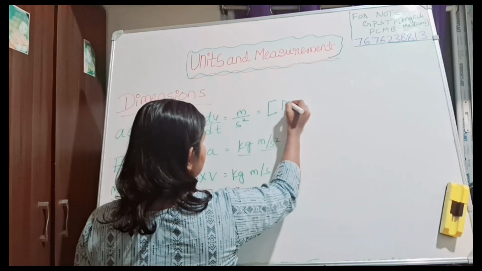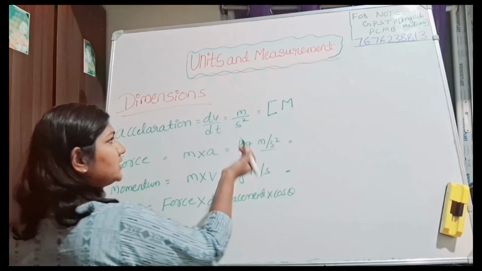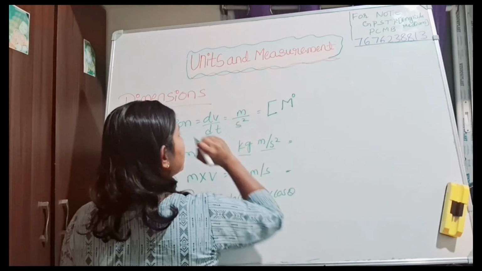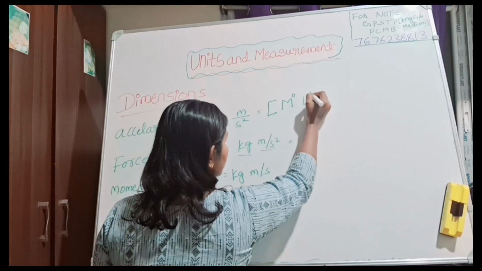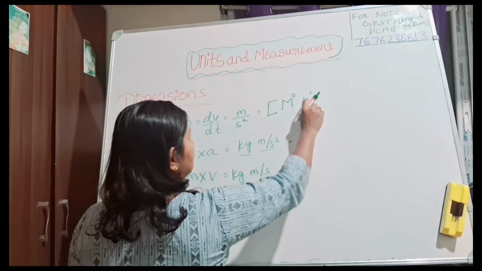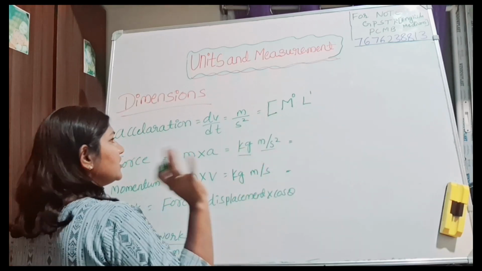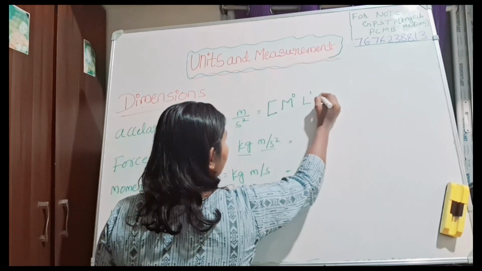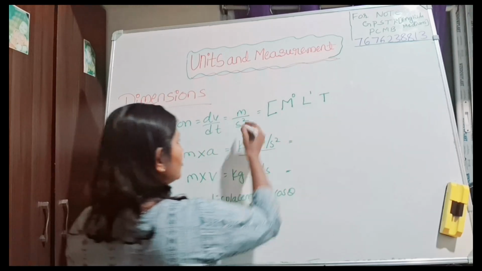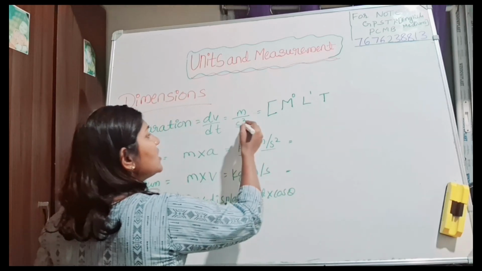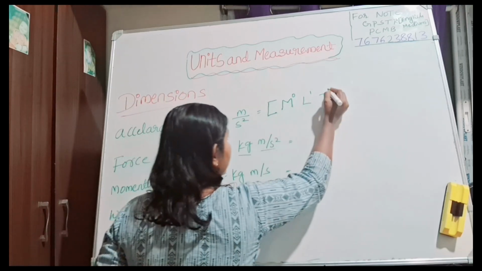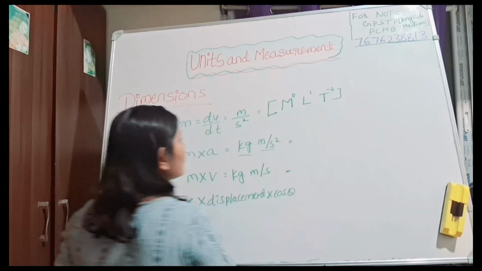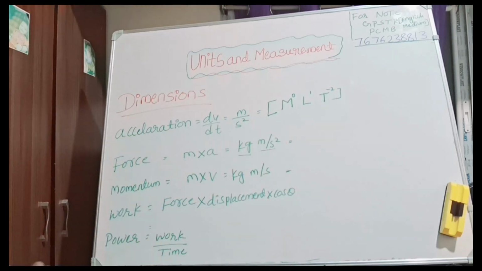There is no kg, so M raised to 0, and length is meter, so L raised to 1, or simply L. And second square, it is T. The unit of time is second square, so T raised to minus 2, because it is in the denominator and when it goes up, it becomes minus 2.